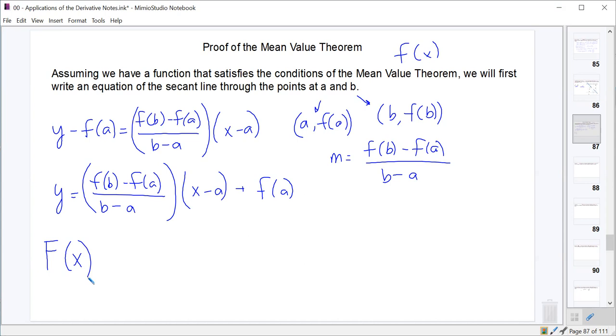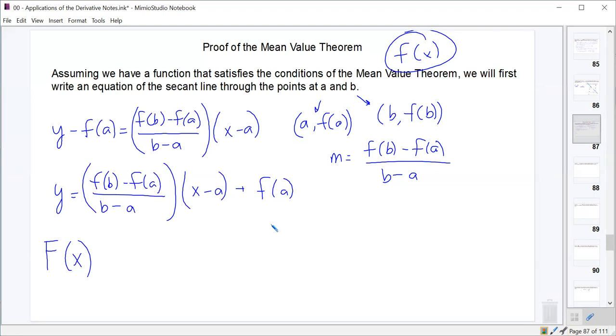And we're going to say that capital F of x is equal to a function that represents the exact vertical distance between our original function, f of x, and its secant line somewhere on this interval. Well, how do we find a vertical distance between two functions or between 2 points? Well, we take one of them and we subtract the other one from it, right? Like if we want to know the vertical distance between y equals 2 and y equals 5, we do 5 minus 2.